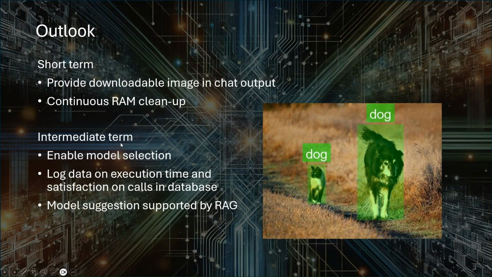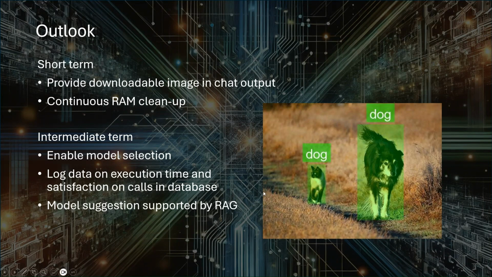On the more intermediate term, I think there are more interesting things that can be done. I ran, for example, this image here, and I noticed that this cat was identified as a dog. So it would be great to be able to select a different model and to compare, and to implement a logging of the data on execution time and on the satisfaction of the calls in a database.